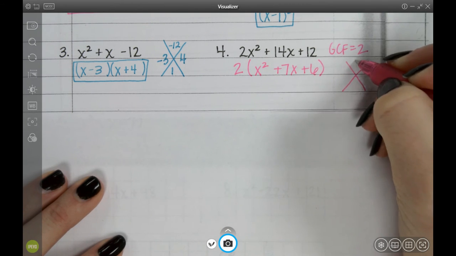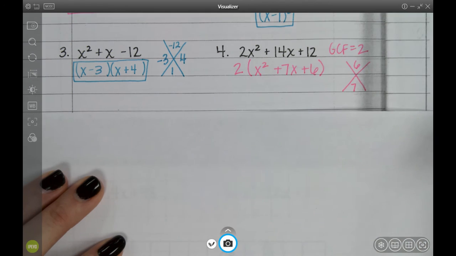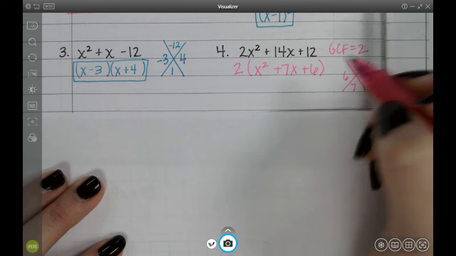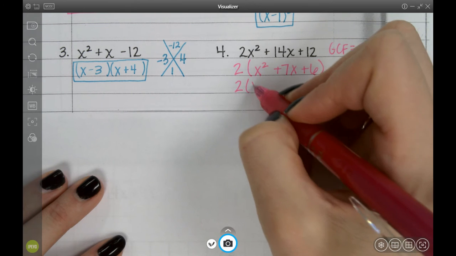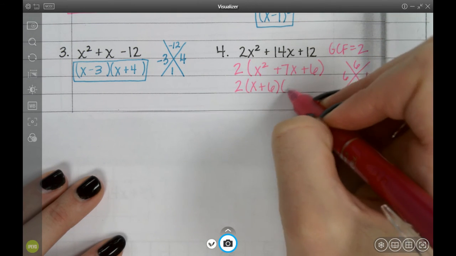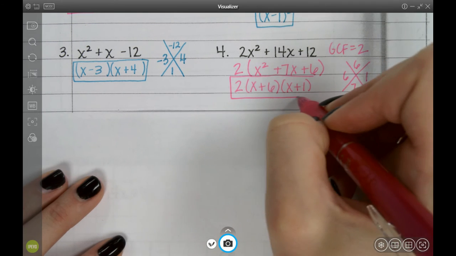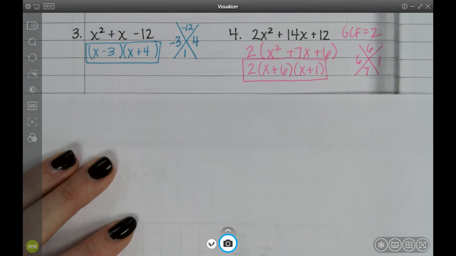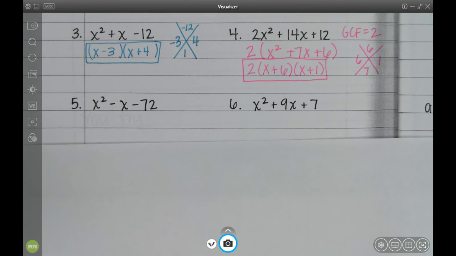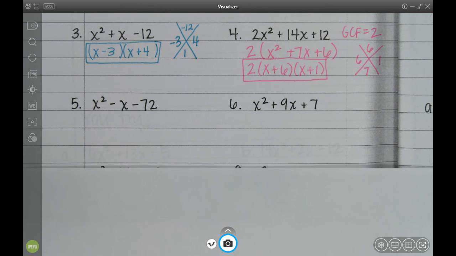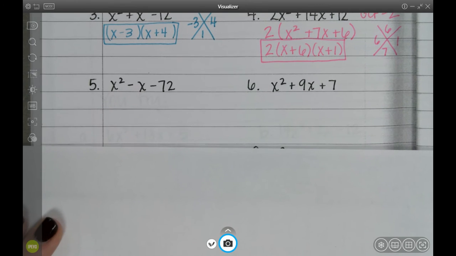What are factors of 6 that add to give you 7? 6 and 1. So this is going to be x plus 6 times x plus 1 with that GCF of 2 in the front. Okay, there's your next one.